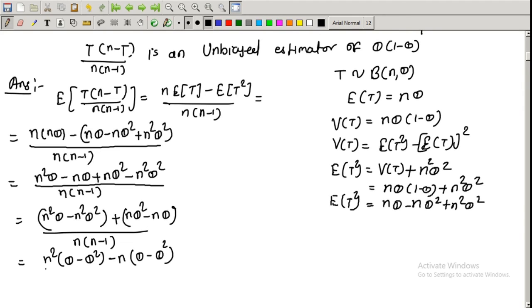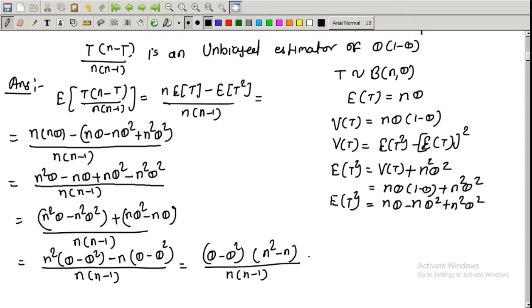If I take the minus sign common, divided by n into n minus 1, which is equal to, theta minus theta square is common, so theta minus theta square, what is remaining? n square minus n divided by n into n minus 1. So which is equal to, if I take theta common, what is remaining? 1 minus theta. If I take n common, what is remaining? n minus 1 divided by n into n minus 1.